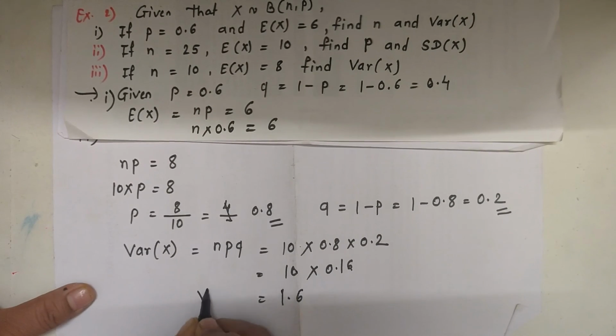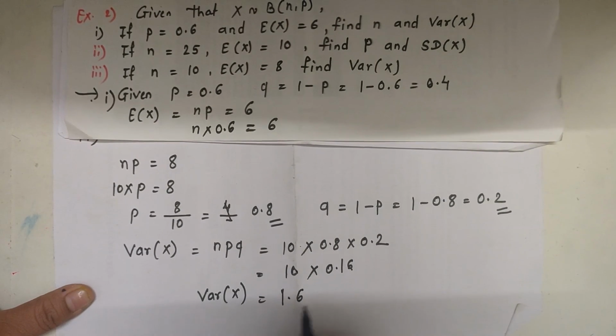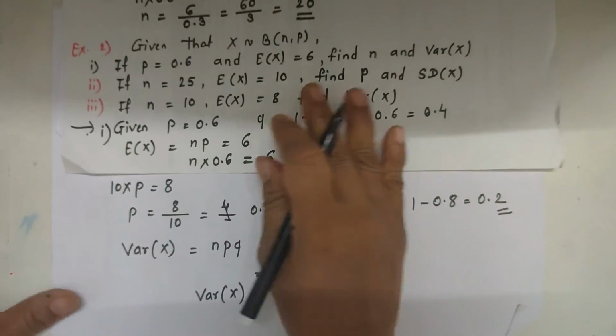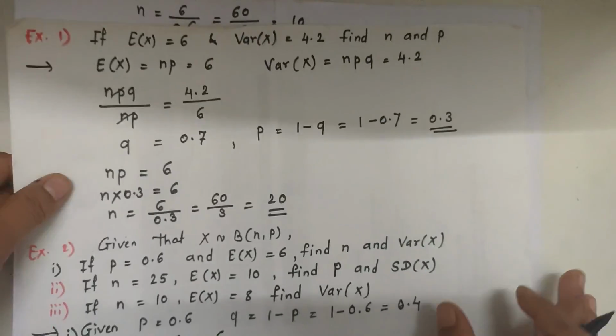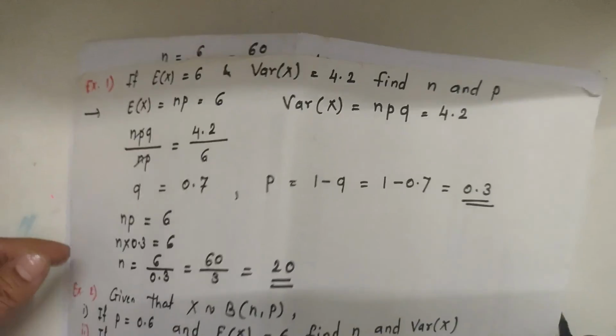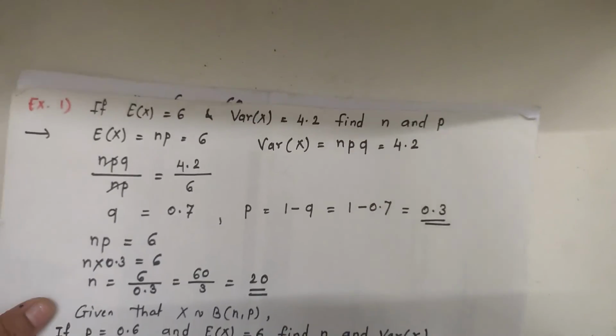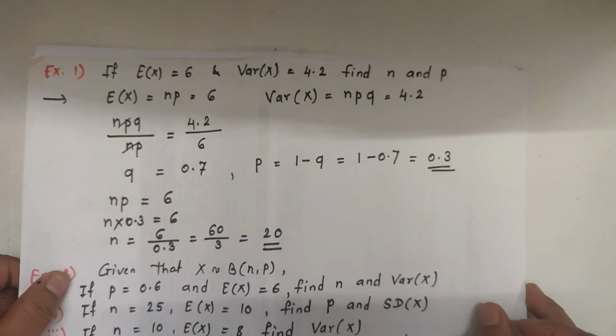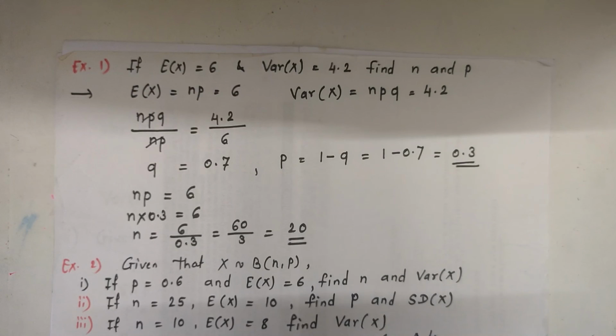So variance of x is equal to 1.6. So in this way we can calculate all the values of n, p, q using the formulae of expected value and formulae of variance of x.